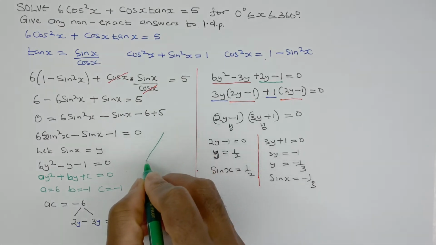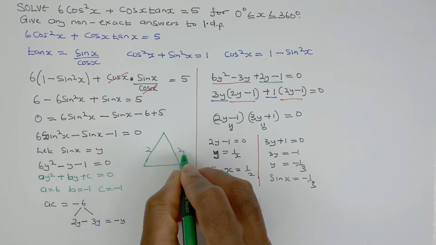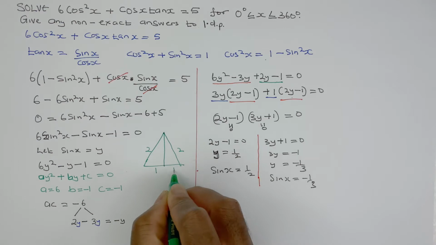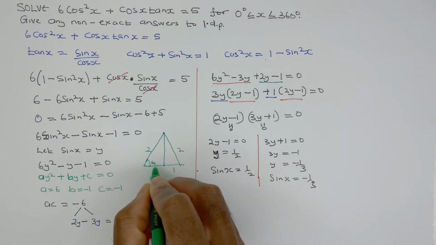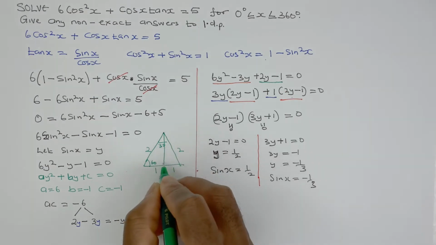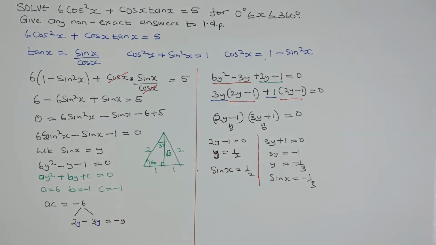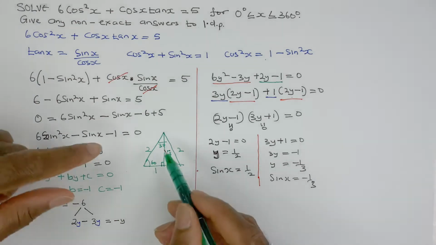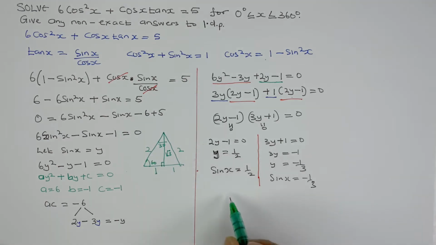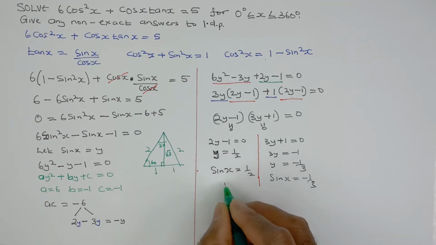If you do an equilateral triangle with side 2 and split it into 2, that's 1, and that's 60, and this is 30. If you find the height using Pythagoras, you get root 3. Sine of 30 is opposite over hypotenuse, so that's a half. So that means x equals 30 degrees.